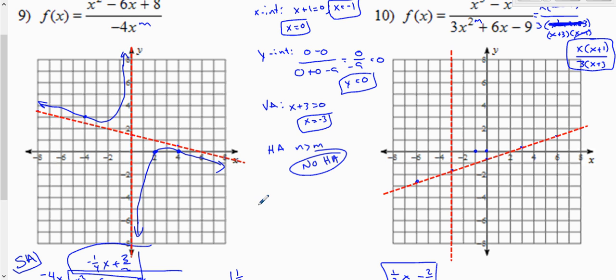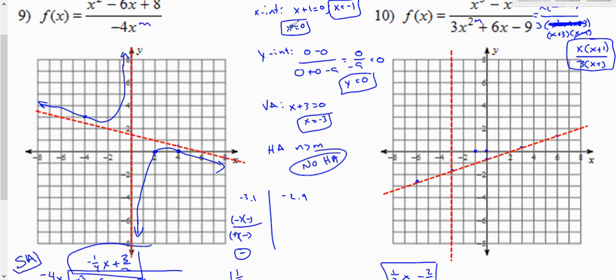Now, for testing the behavior of the graph, I will test to the left of negative 3, so negative 3.1, and to the right of negative 3, which is negative 2.9. I'm using the factored form here. Negative 3.1 for x is a negative number. Negative 3.1 plus 1 is a negative number. The 3 is positive. Negative 3.1 plus 3 is a negative. 3 negatives is a negative value.